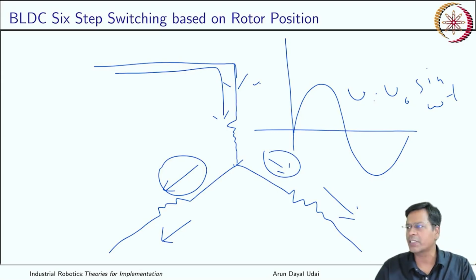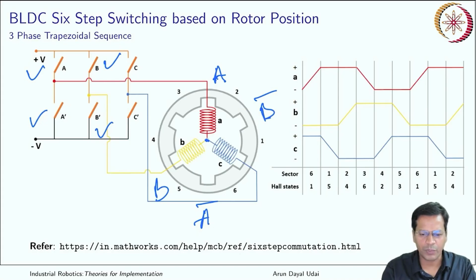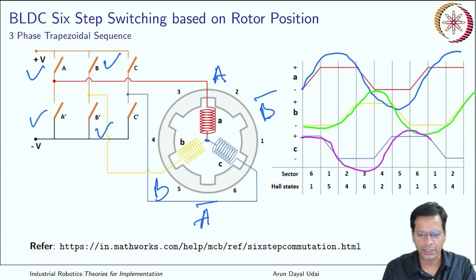So it is effectively trying to simulate a 3-phase winding for all these coils. This is equivalent to, let's say, a sinusoidal figure. Another one is trying to create another sinusoidal figure, and yet another one is trying to create another sinusoidal figure.